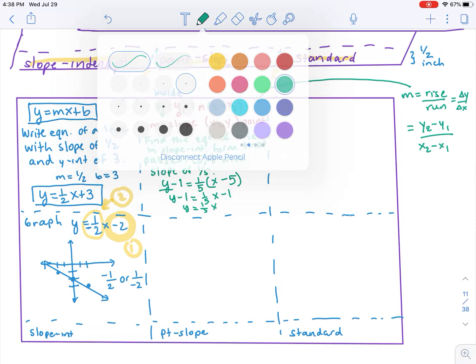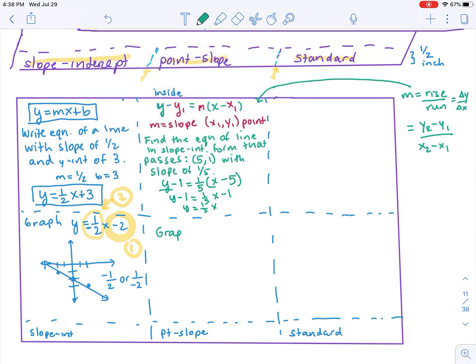And lastly, in the bottom, we're going to graph something that is already in point slope form. So let's say y minus 2 equals 1/2 x minus 3. I just gave you a different equation here. The options are I can distribute, get y by itself, and then graph it in slope-intercept form.